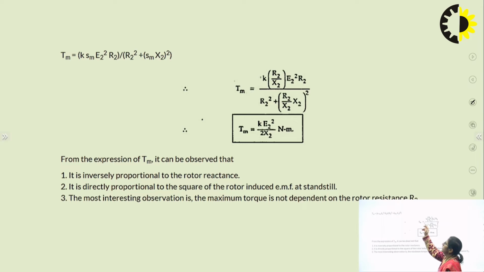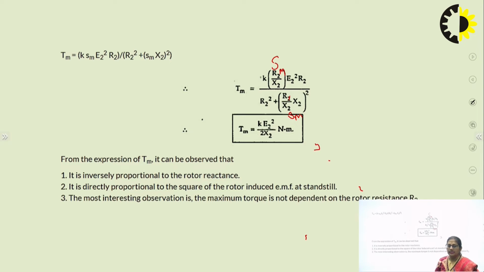If we substitute, this is K times S into E2 square upon R2 square plus S times X2 whole square. Substituting S as Sm, which is given by the ratio of R2 by X2, in numerator and denominator both, the expression we'll be getting is K times E2 square by 2X2 Newton meter.